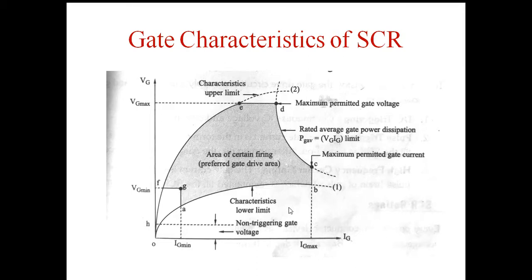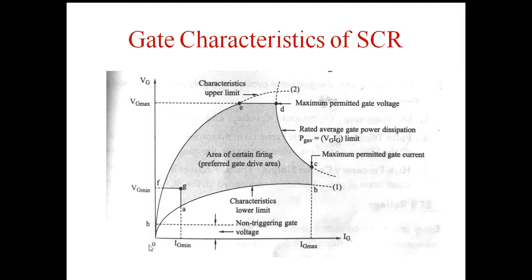The gate characteristics vary due to differences in doping level of the P and N layers, and there will be a considerable range of SCRs in the different ranges. So characteristic curves 1 and 2 will represent the limits. Curve 1 will represent the lower limit, and curve 2 will represent the upper limit.